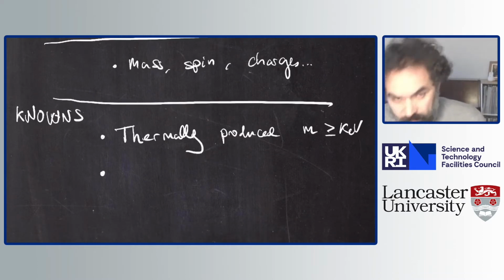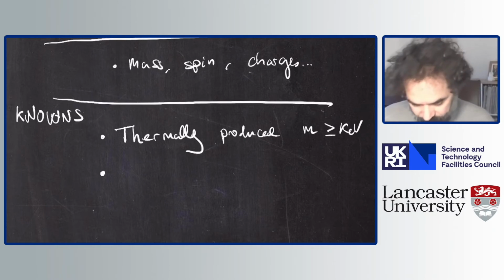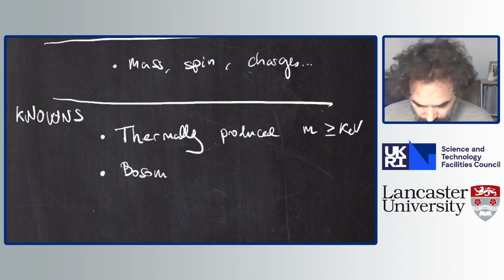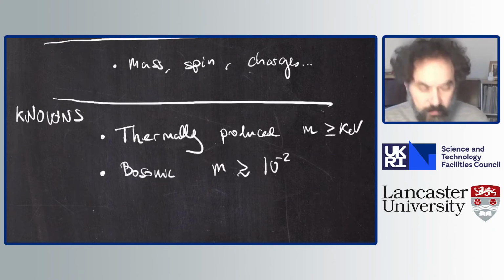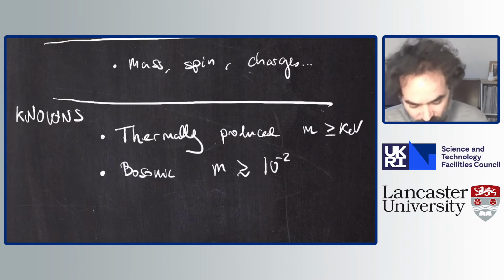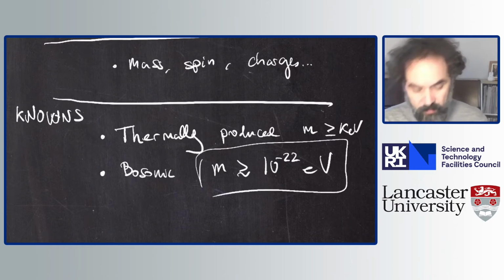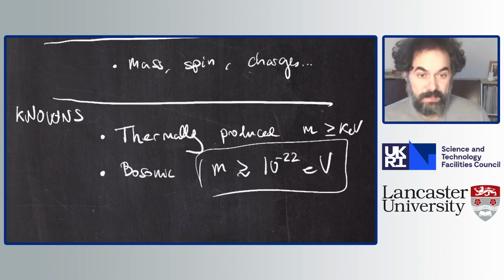We know that if the dark matter is bosonic, then the mass has to be bigger than 10 to the minus 21 or 22, depending on which article you look at. Let's do 22 to be conservative, electron volts. Where does this tiny number come from?